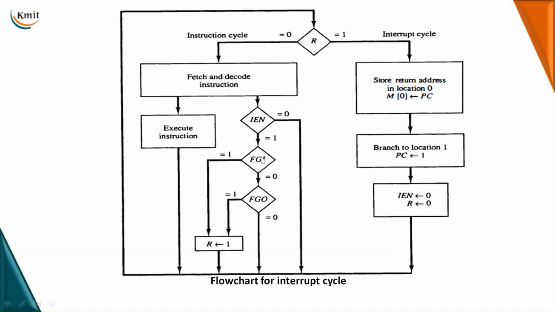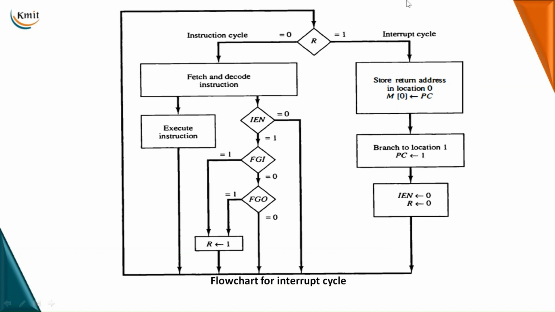If both FGI and FGO are 0, then the value of R is 0, so it will continue with the execution of the next instruction according to the program order. Otherwise, if there is an interrupt from any one of the input output devices, R will be set to 1. In that case, the CPU will move on to the interrupt cycle in order to handle that particular input output device request.